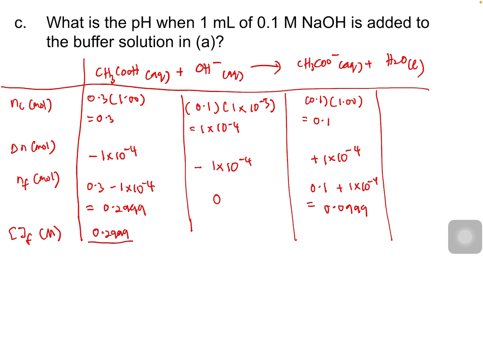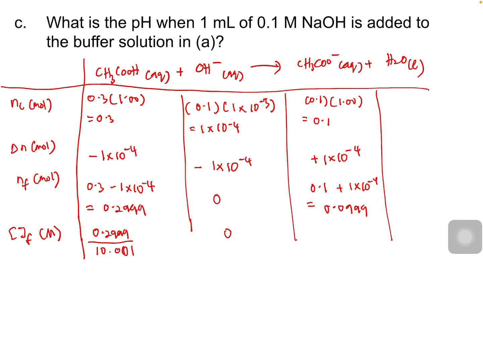Okay, so for the concentration final, okay, remember to add up all the volume. 0.2999 bahagi dengan total volume dia is 10.01. .001.